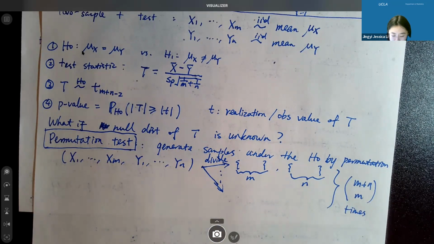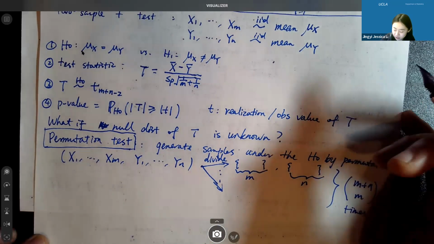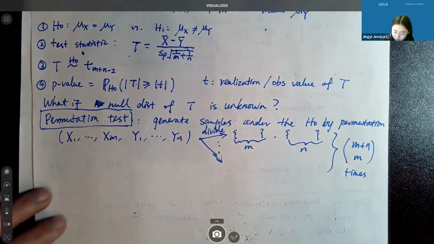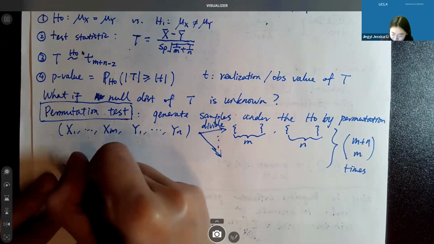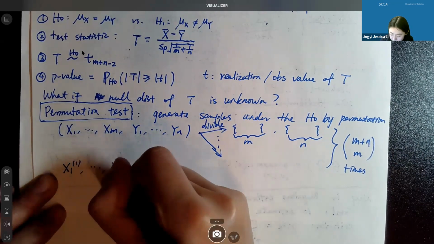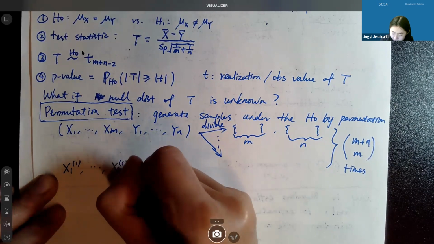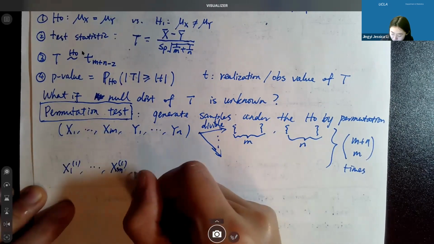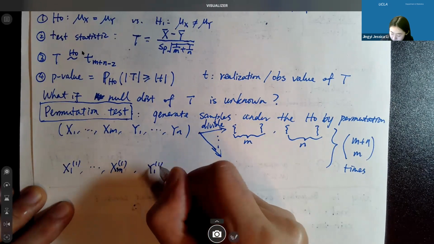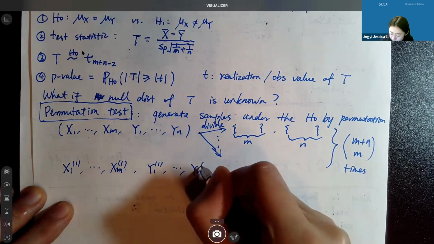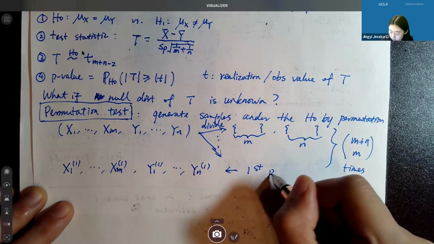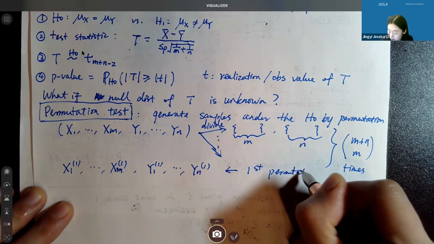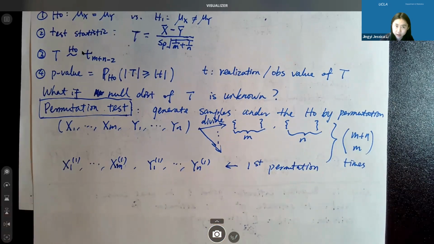So if I denote the resulting samples from the first permutation as x_1^1 to x_m^1, and y_1^1 to y_n^1, I denote the resulting sample by this notation.